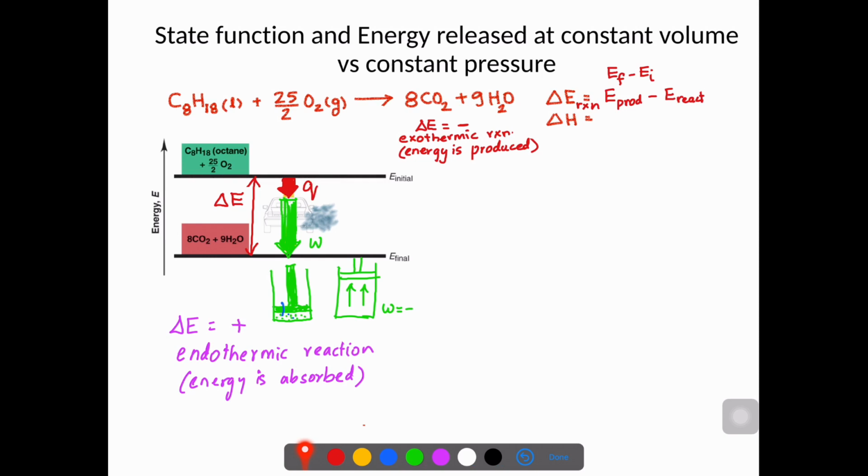Now, what if you carried out this reaction in a constant volume container? Let me go ahead and write it. This is a constant volume container. We call it a bomb. I'll tell you just in a bit why it's called a bomb.